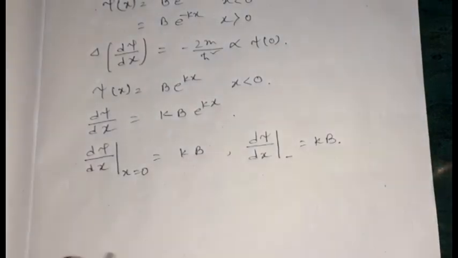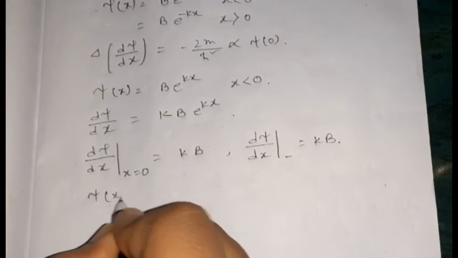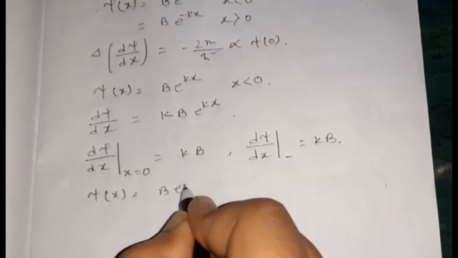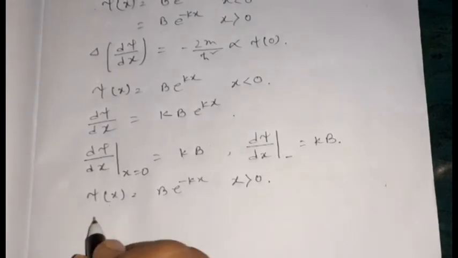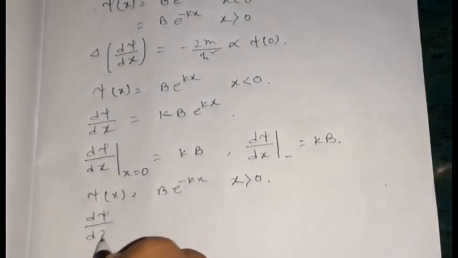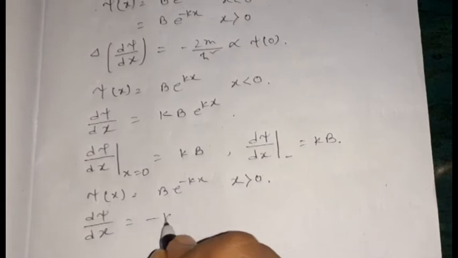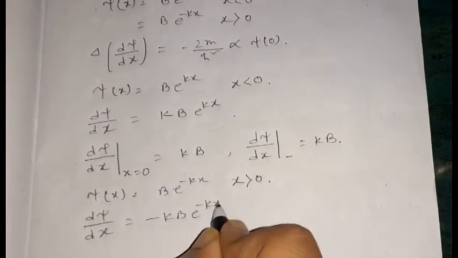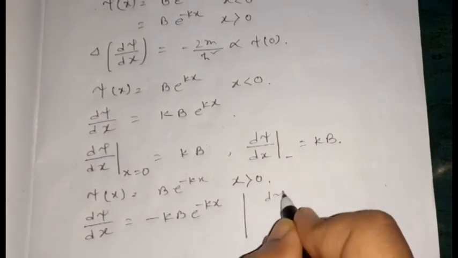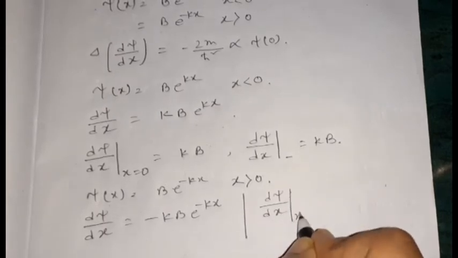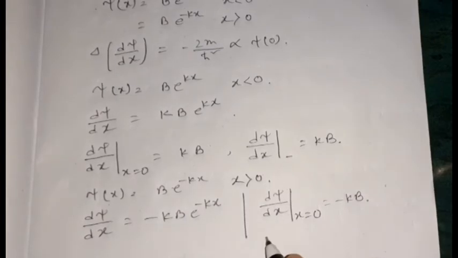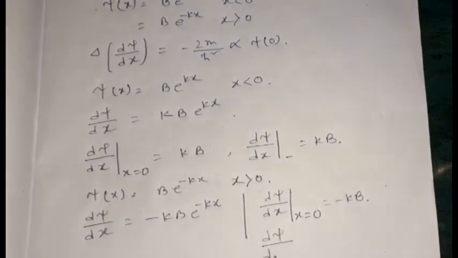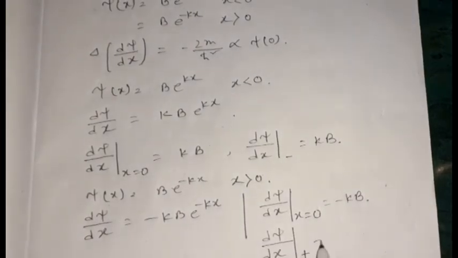Okay, and the next part, psi(x) is b e^(-kx) for x greater than 0. Differentiating it with respect to x, I get -kb e^(-kx). Putting x equal to 0, we get -kb, and I'm writing it as plus, as this is the x greater than 0 region.